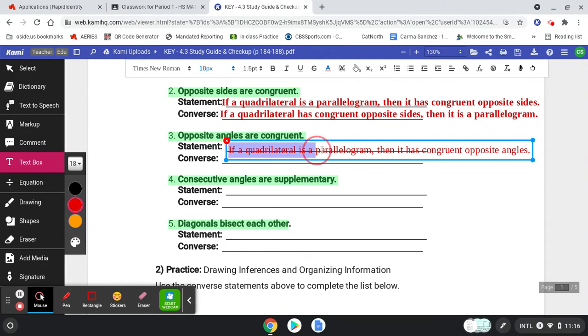So we're taking that property and we're putting it into an if-then statement.